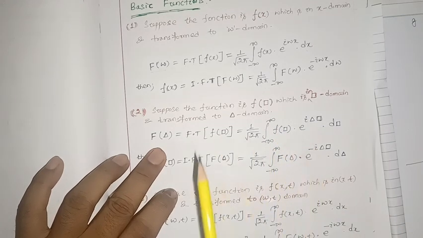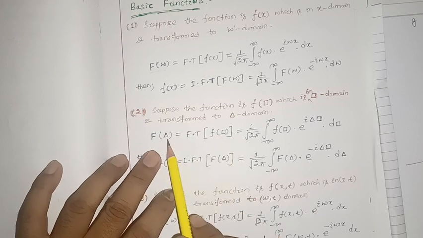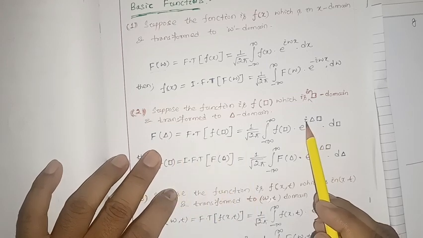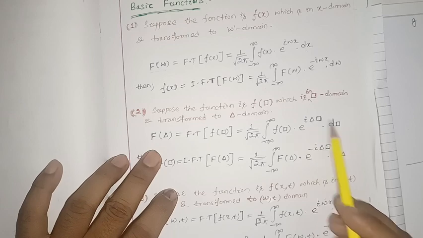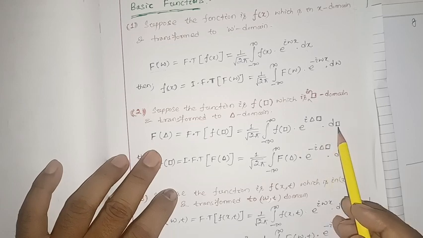This function times e to the power i triangle rectangle, the two variables rectangle and triangle both being there, and integration with respect to rectangle.